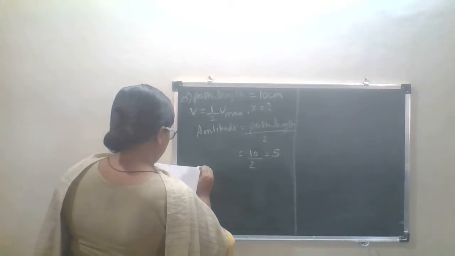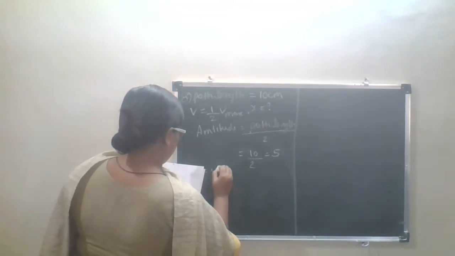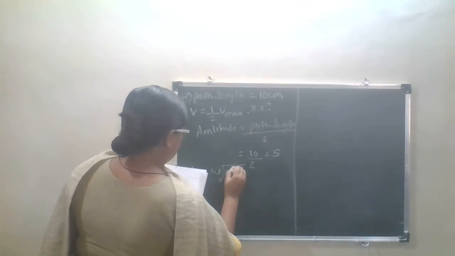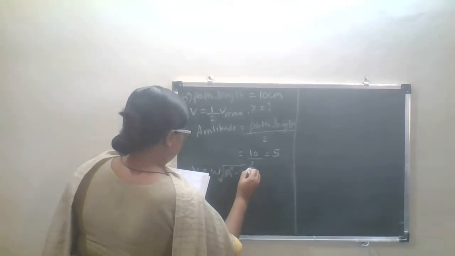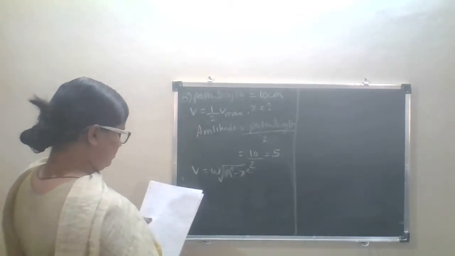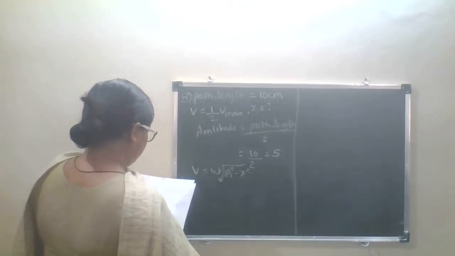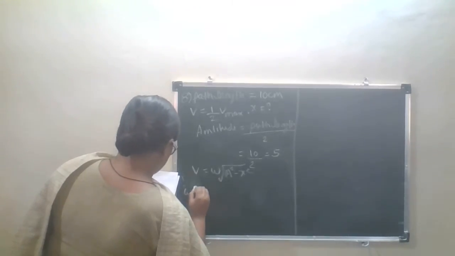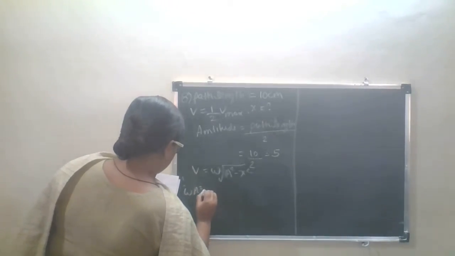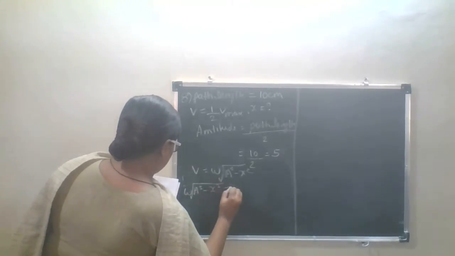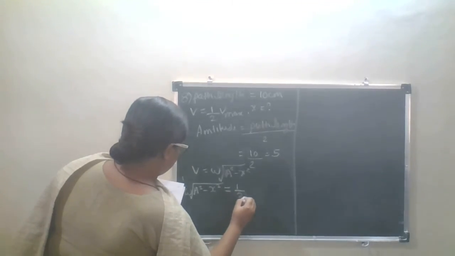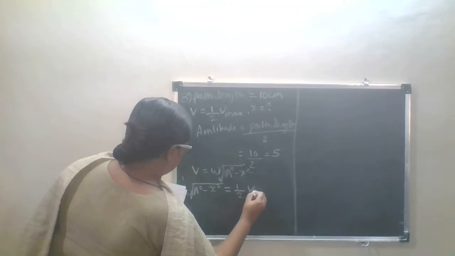And V is equal to, we know the formula, V is equal to omega into under root of a square minus x square. Then omega into under root of a square minus x square is equal to 1 by 2 into V max.